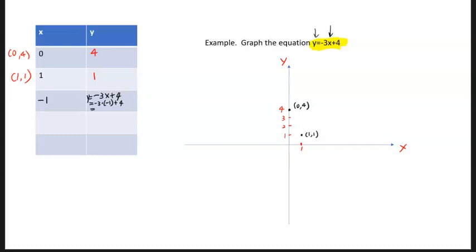Now we can simplify: -3 times -1 is +3, and 3 plus 4 is 7. So if we pick -1 for x, the corresponding y will be 7. Once you pick a number for x, y will be determined.